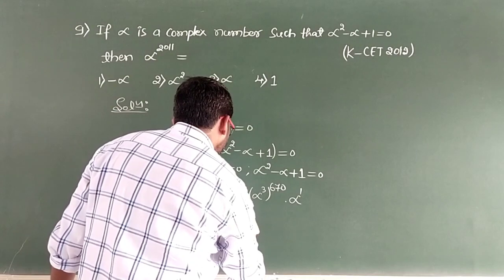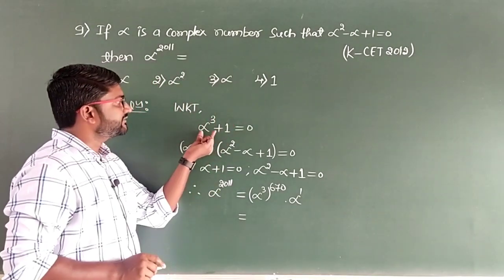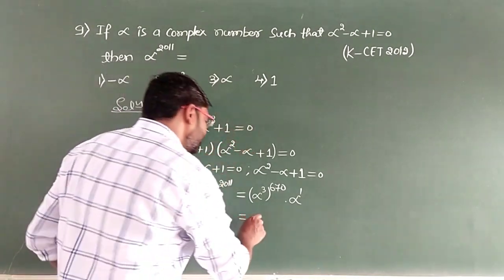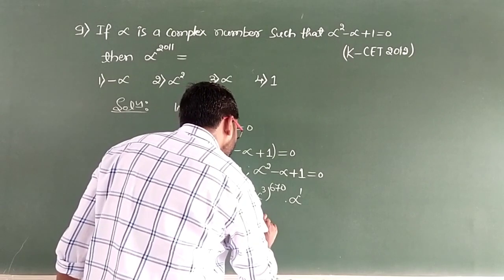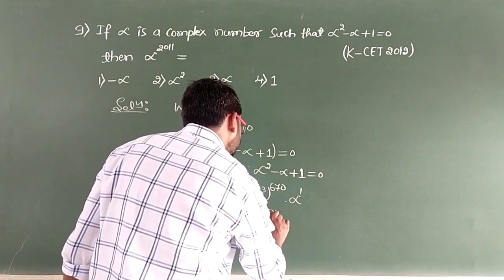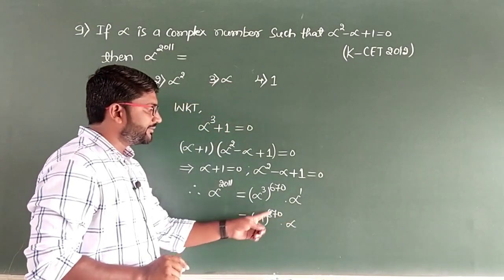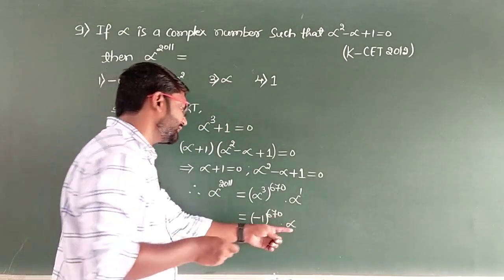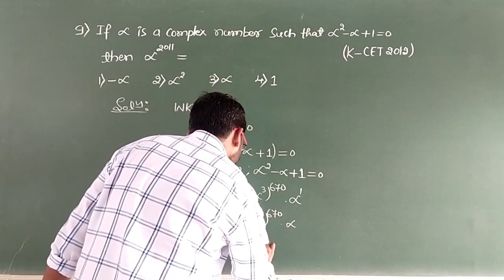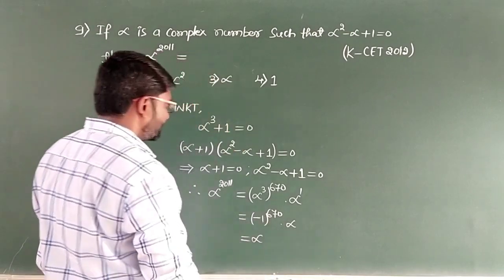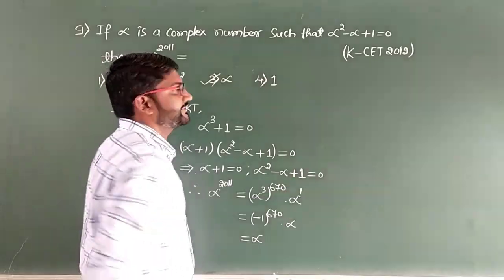Now what is the value of alpha cube here? From this, alpha cube will be minus 1. So we get minus 1 to the power 670 into alpha. Minus 1 to the power even number is plus 1. 1 into alpha will be alpha. Search for the options now. Option 3 is the right answer.